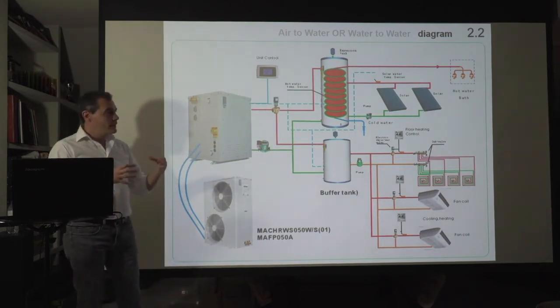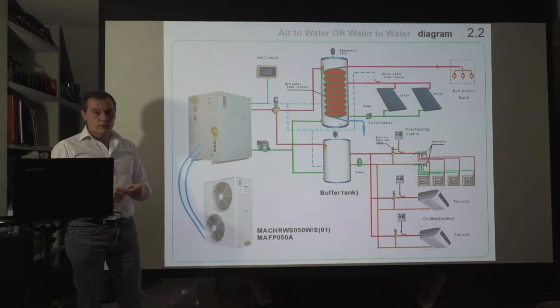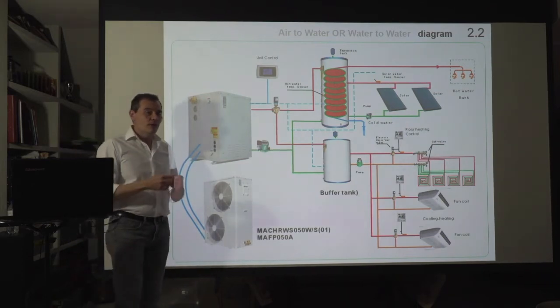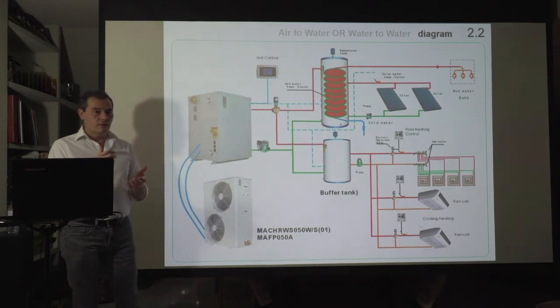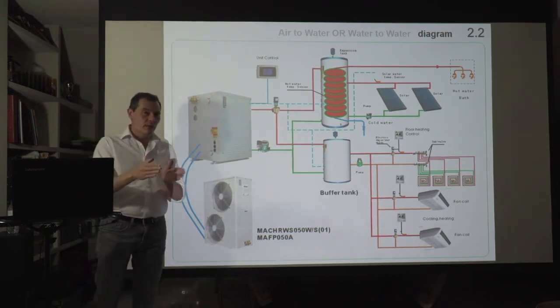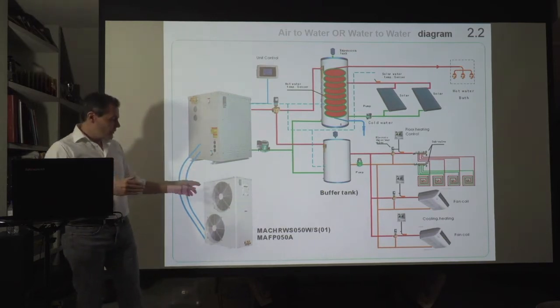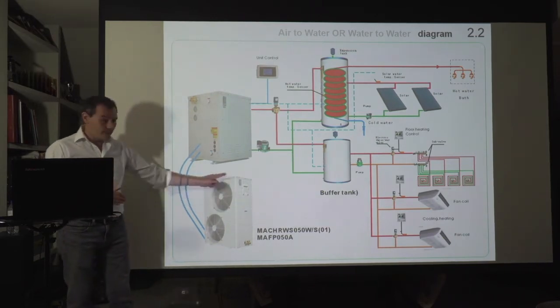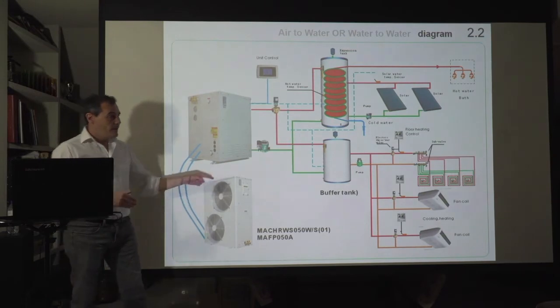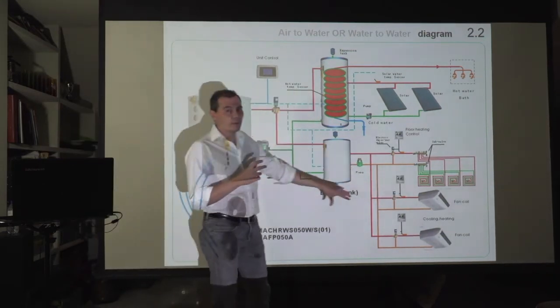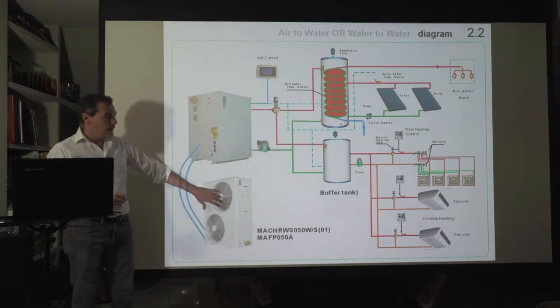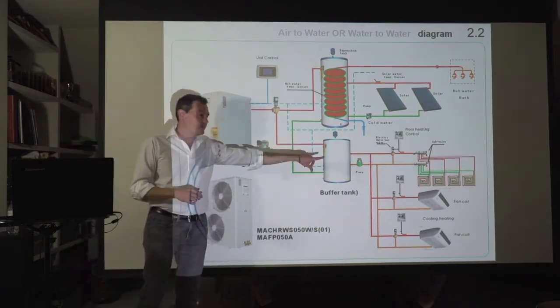We have a device that works with water. So the way we deliver the heat or the cold is using water. We don't use air as in an air-to-air system. Now we are using water. So this heat pump works with the outdoor air, but those devices work with water. This is why we call this air-to-water.